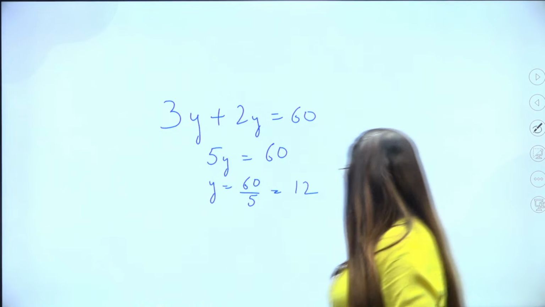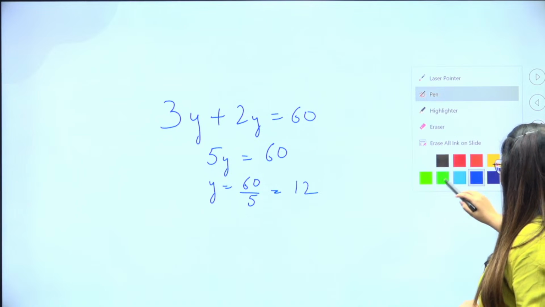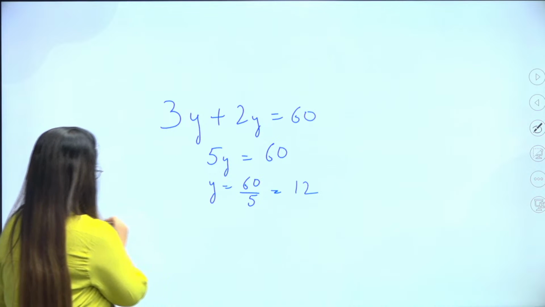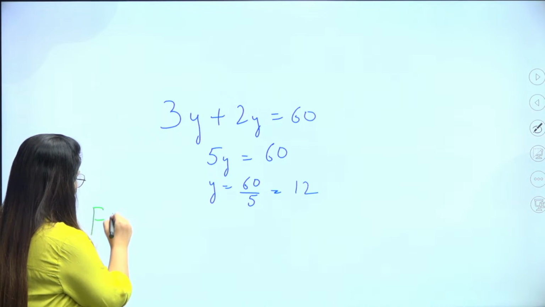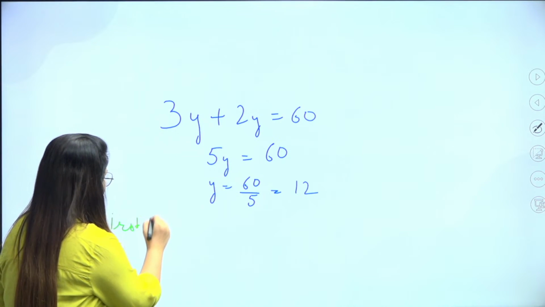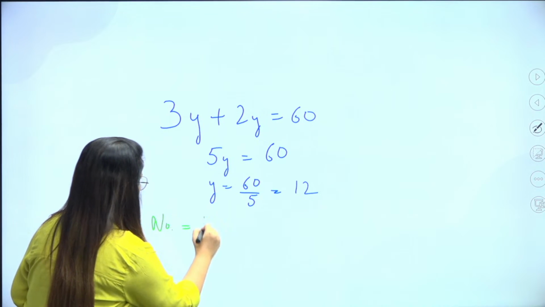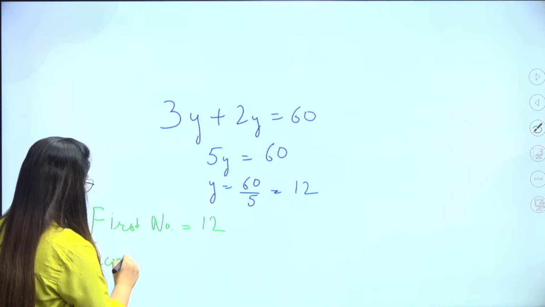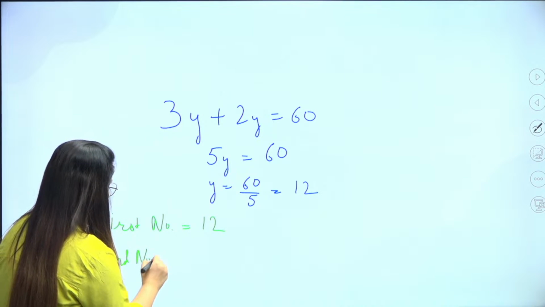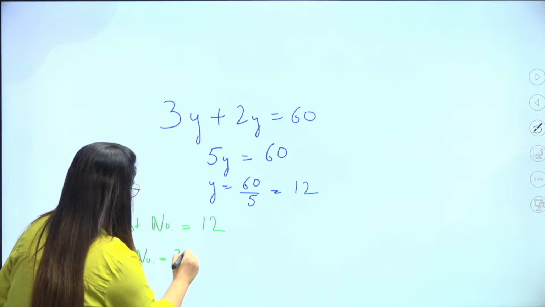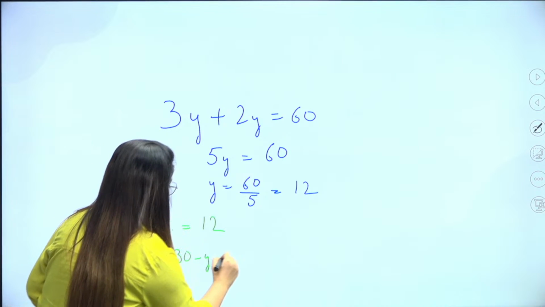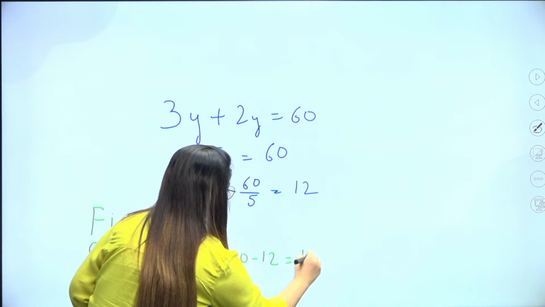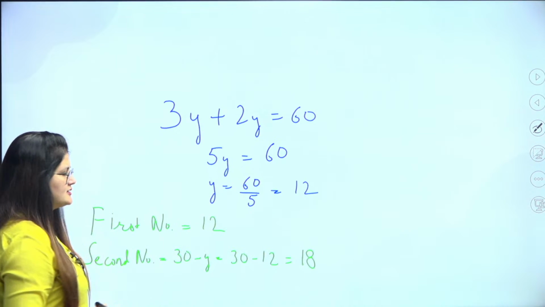The second number was 30 minus y, which is equal to 30 minus 12, and that comes out to be 18.